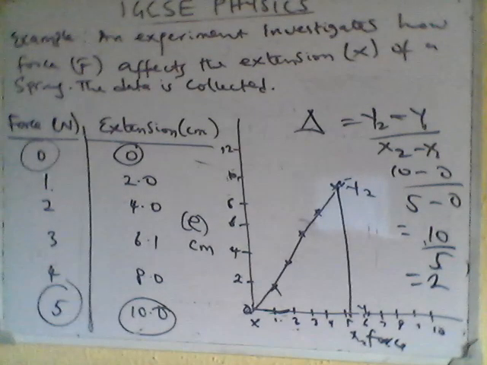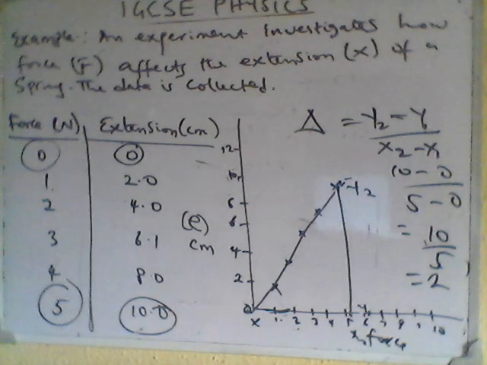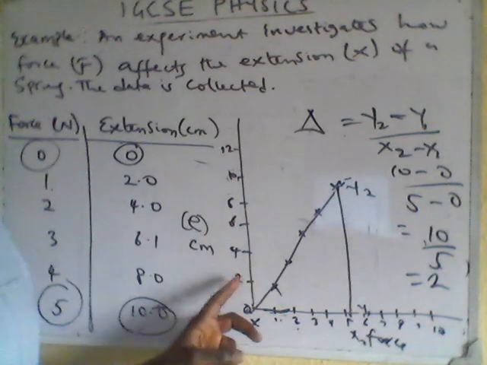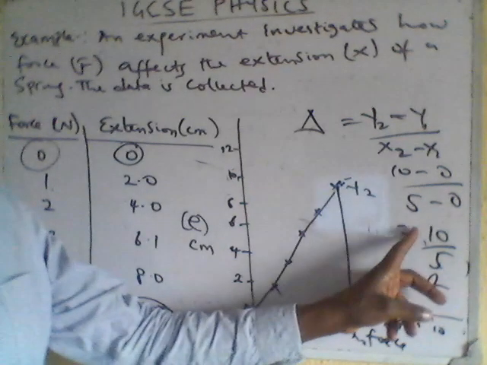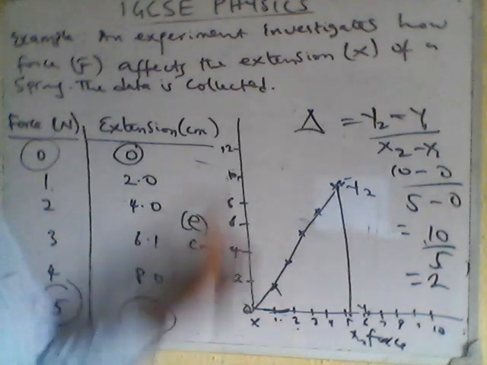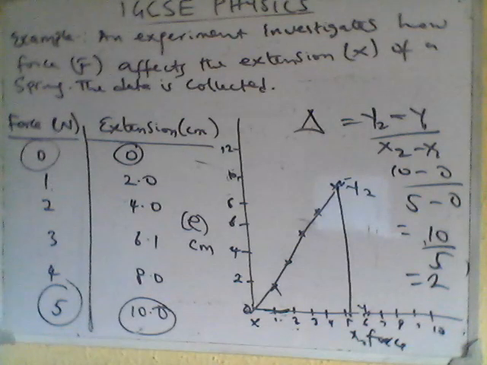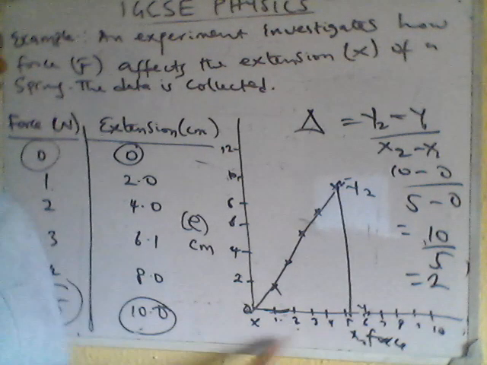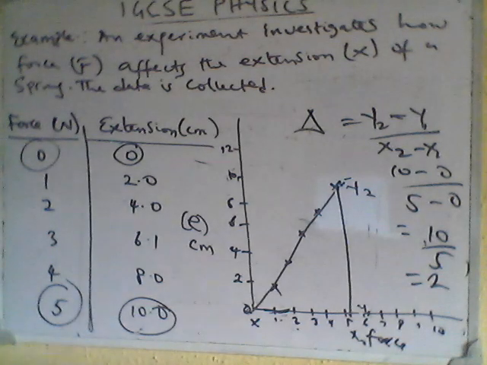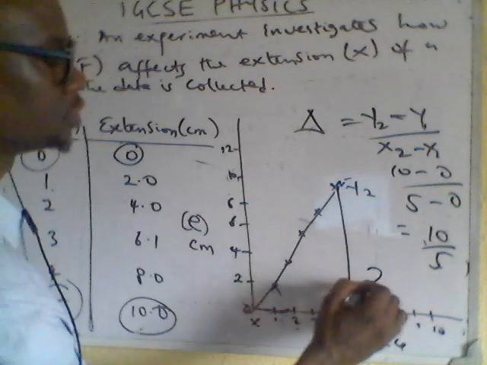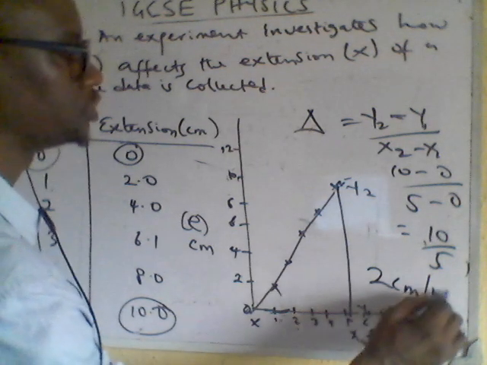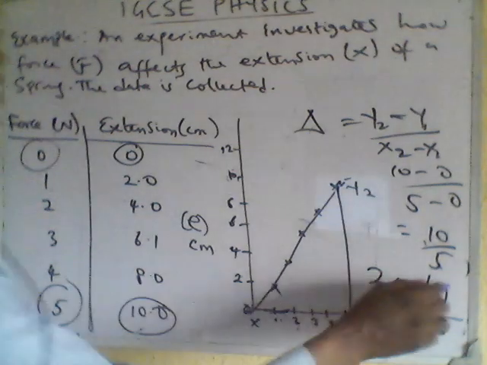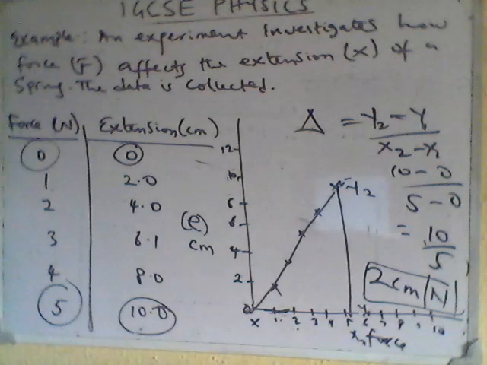The unit of the gradient is the ratio of the two units. What I have as the y-axis is the extension, which is in cm, and the x-axis is the force. So it is 2 cm per Newton. This is the gradient of this particular graph.